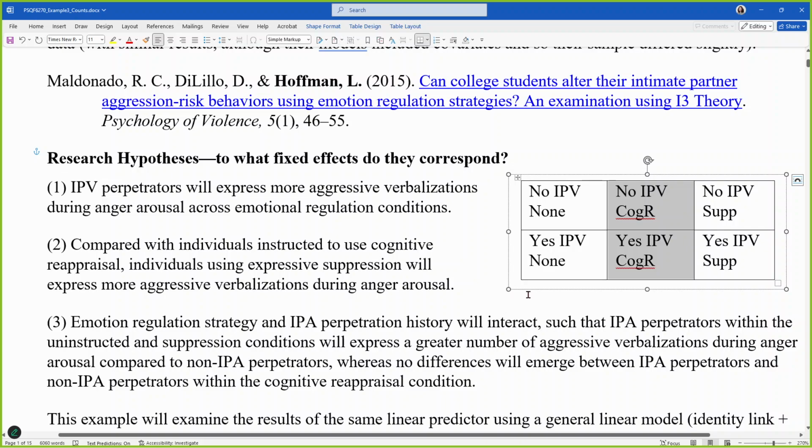That's an interaction term. Now, question for you. How many slopes does it take to get my main effect of IPV into the model, if that's a binary predictor? If I have IPV as a binary predictor, how many slopes does it need to express its main effect? Just 1. If I have condition as 3 categories, how many slopes do I need to express its main effect? 2.